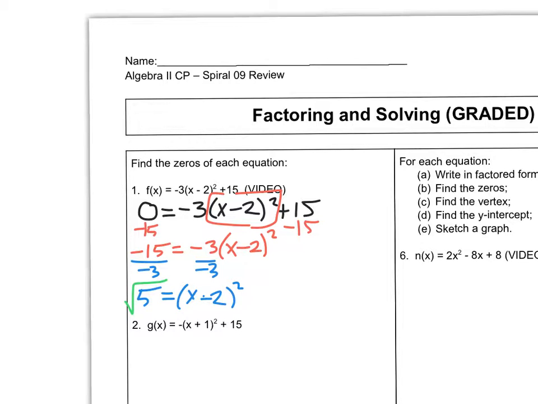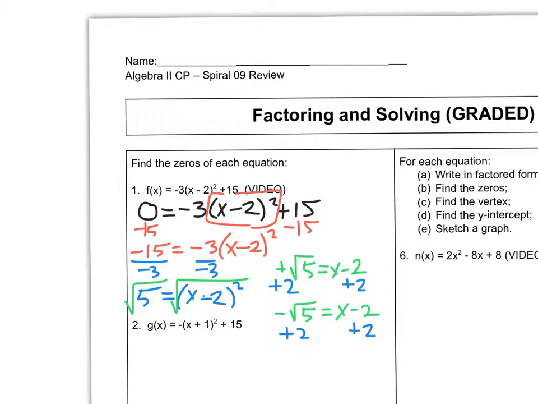Now when I go to take the square root, you might think to yourself, oh, Mr. Carlson, that's the worst. It doesn't come out evenly. And what we end up with is a plus square root of 5 is equal to x minus 2, and a minus square root of 5 is equal to x minus 2. To finish this off, all we have to do is add 2 to both sides. And one of the really nice things about this is you don't actually have to do the calculation.